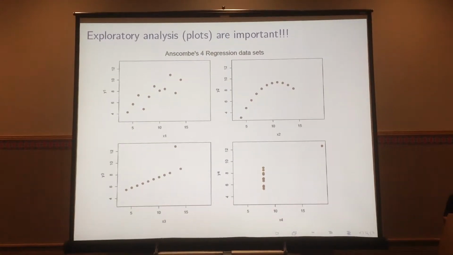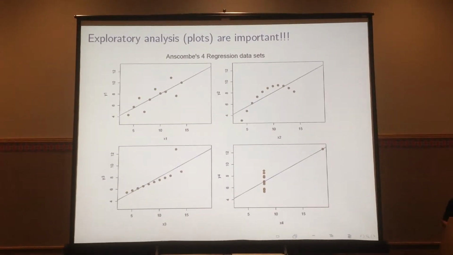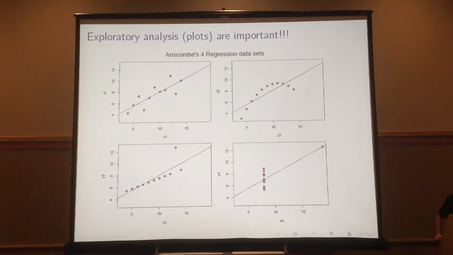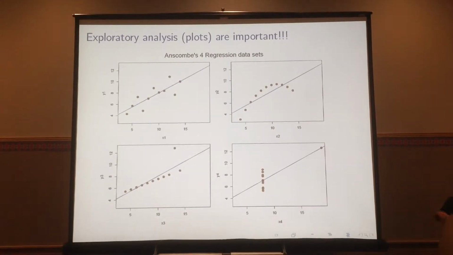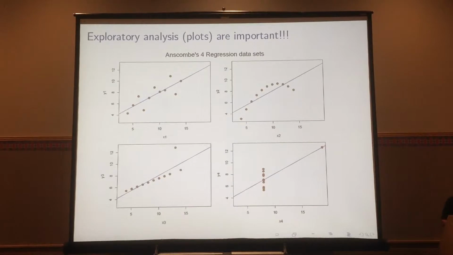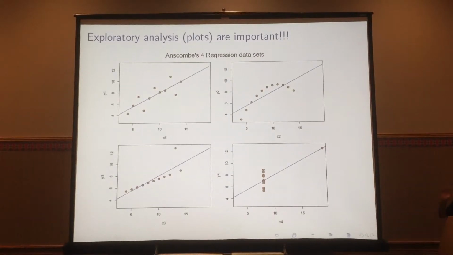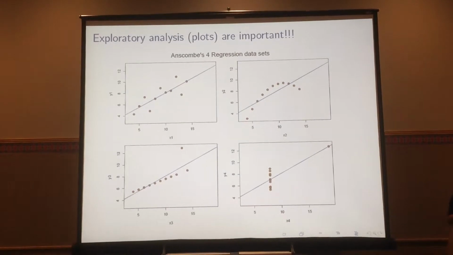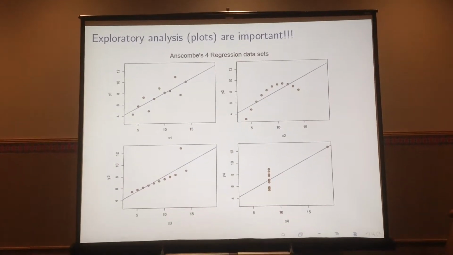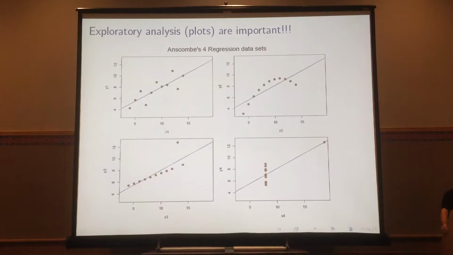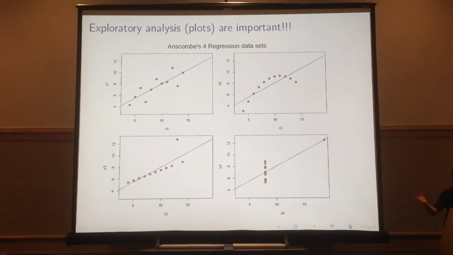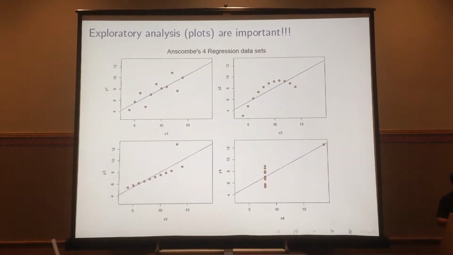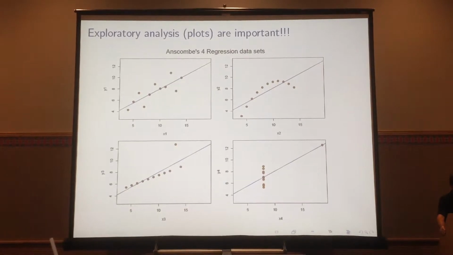But if you actually draw a regression line, it's exactly the same. And it's not only that the correlation is the same: you can look at the R squared and pretty much every statistical parameter on this little data set, and they seem to be exactly the same. Even so, if you just look at the data, they're telling a very, very different story.